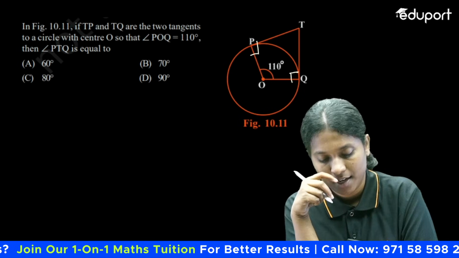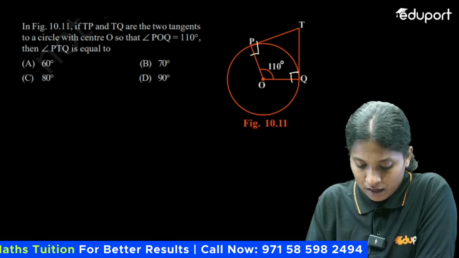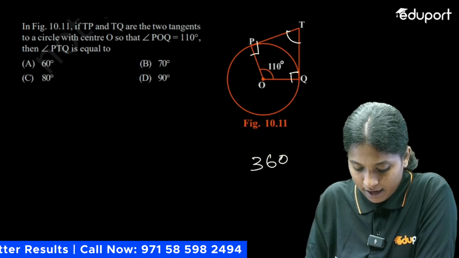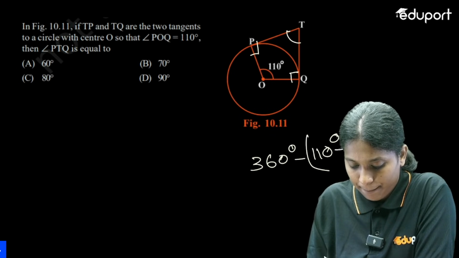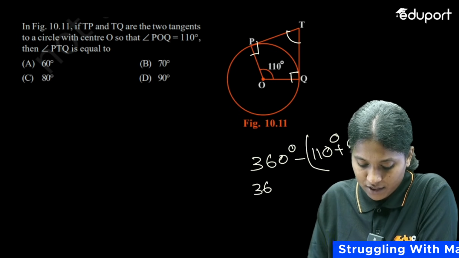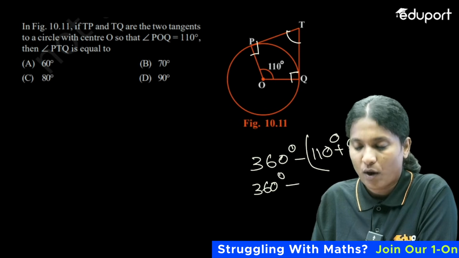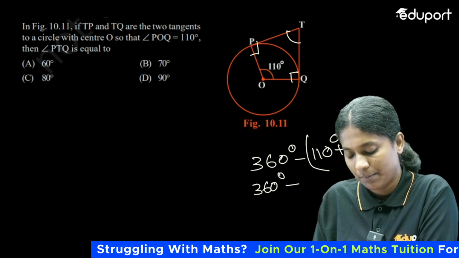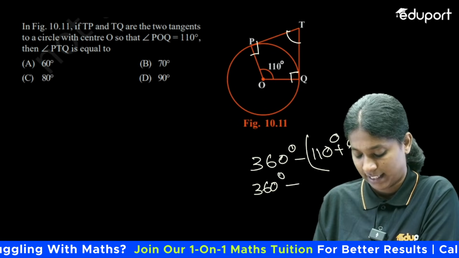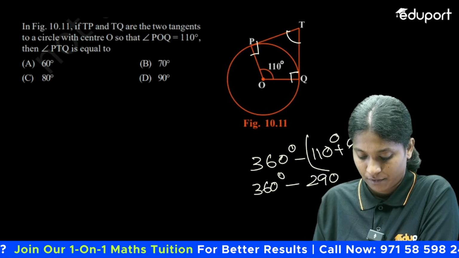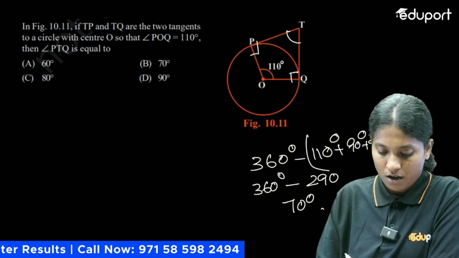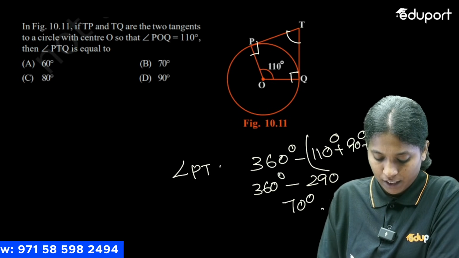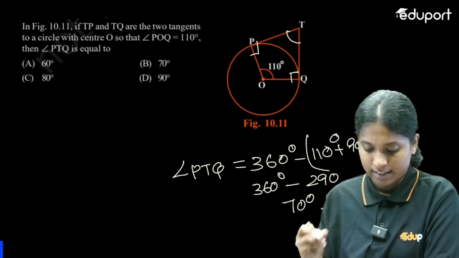So this angle will be 360 degree minus 110 degree plus 90 degree plus 90 degree. 110 plus 90 plus 90 is 290. So you will get 70 degree. So the angle PTQ is 70 degree.